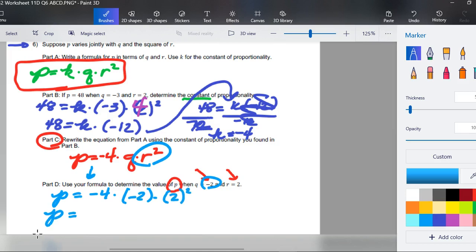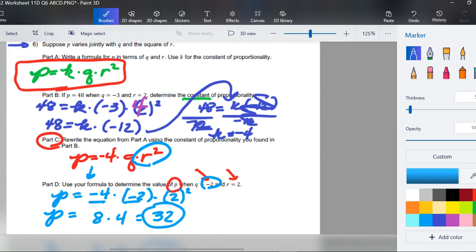So I'm going to need to do exponents and some multiplication, and a lot of it can happen at the same time, like my -4 and my -2 will be 8. My 2 times 2 is 4. And either way we go here, we're getting that P is going to have a value of 32.